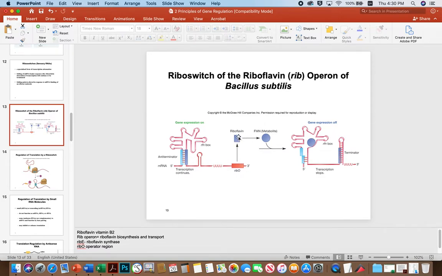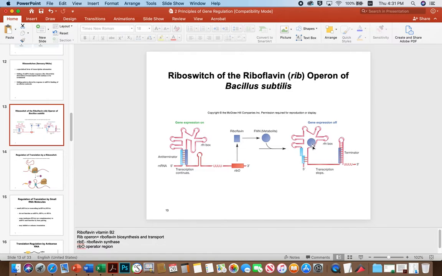And then riboflavin can be converted to flavin mononucleotide. As flavin mononucleotide builds up, it can bind to this little RFN box here in this leader region on the messenger RNA. That promotes the formation of a terminator loop at the end to block transcription.